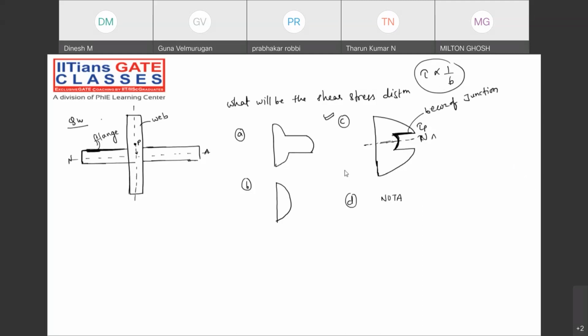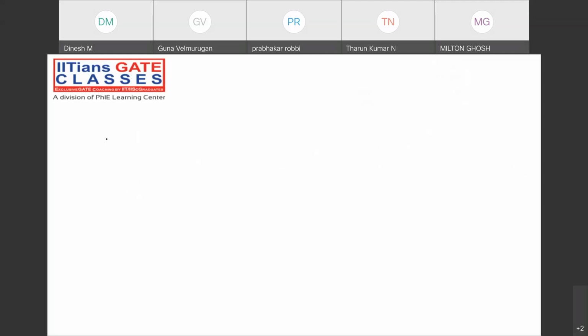Okay. Now try to solve this one, T section. For a T section, suppose the neutral axis will be here somewhere.